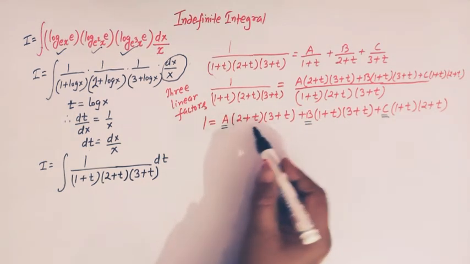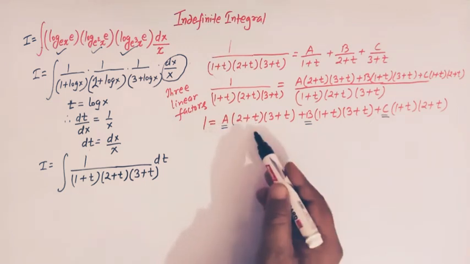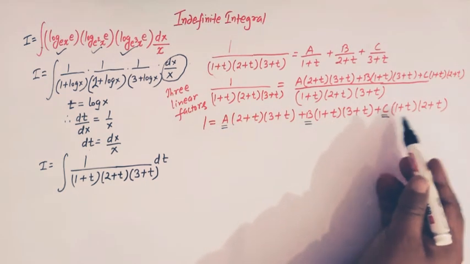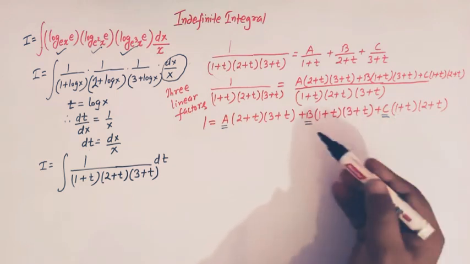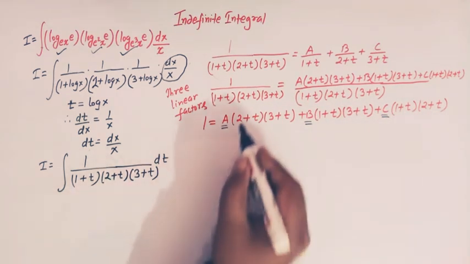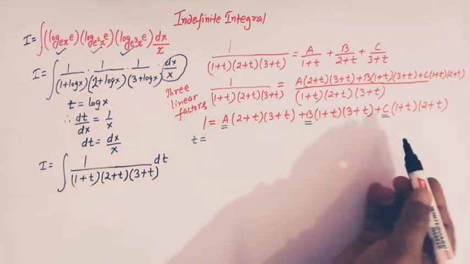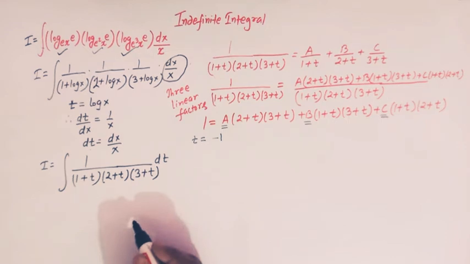So we'll assign some values to the variable t, and we'll neutralize two terms, and then we can find out the constant from the third term, right? So here let us first take t is equal to say minus 1, right?